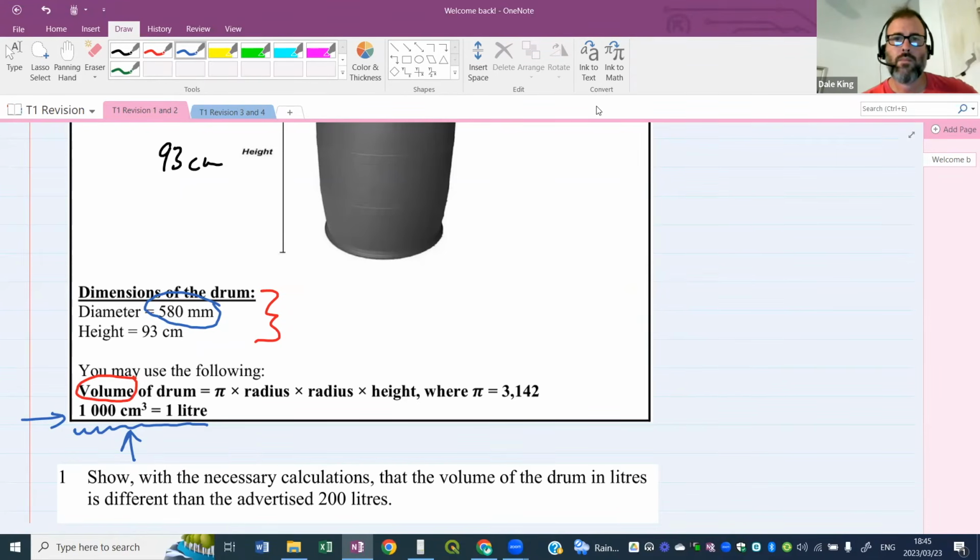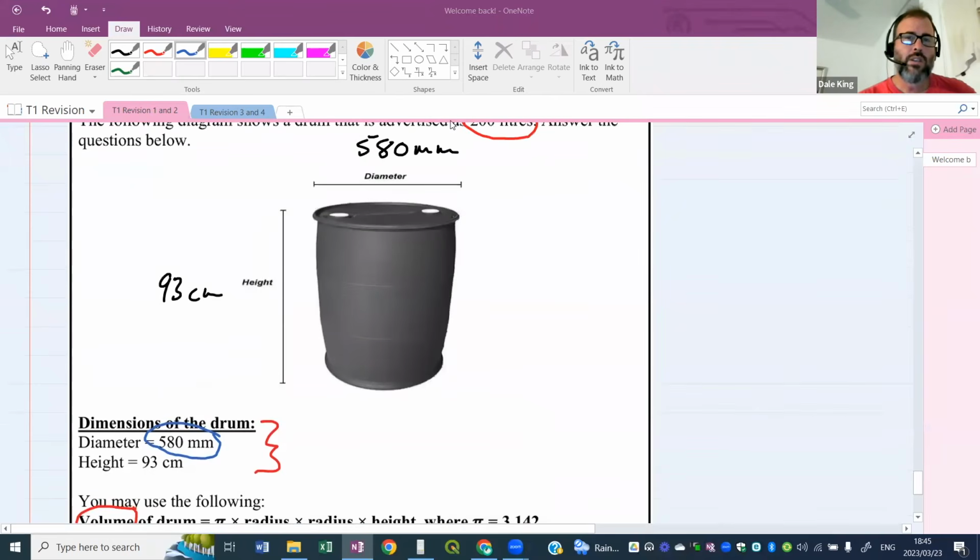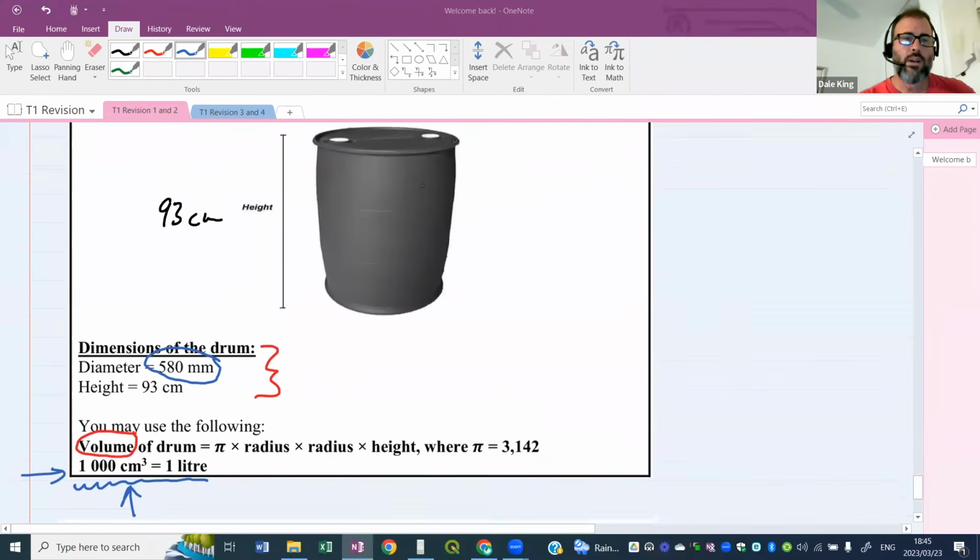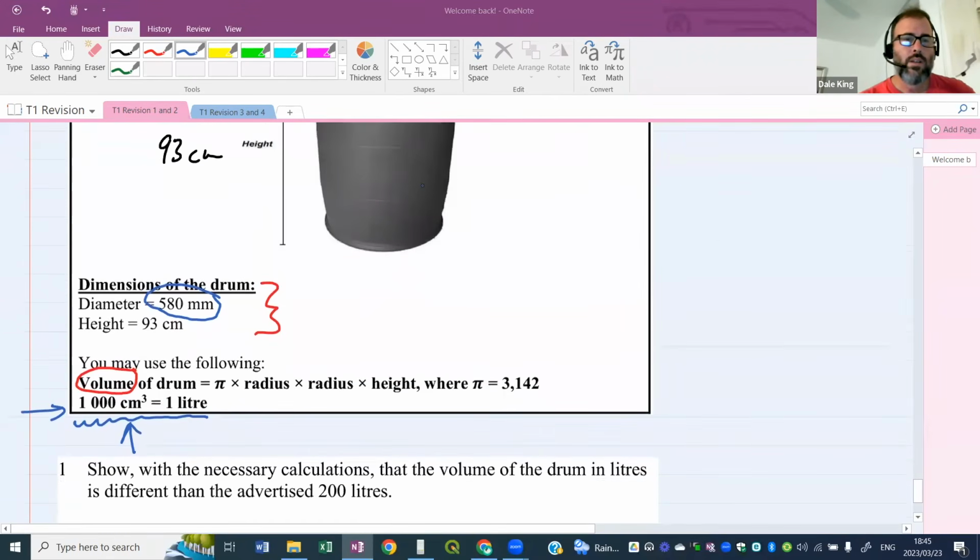Lataba says, can you please scroll down? I can't see the top of the drum. Okay. I can show you that the diameter there is 580, but just remember that the units are also here on the side. So it's the same units as I showed on the diagram that are also written over there.